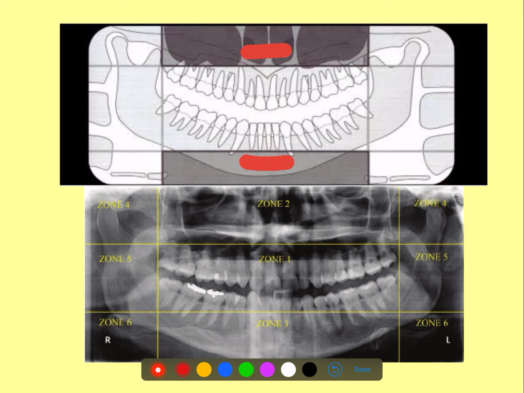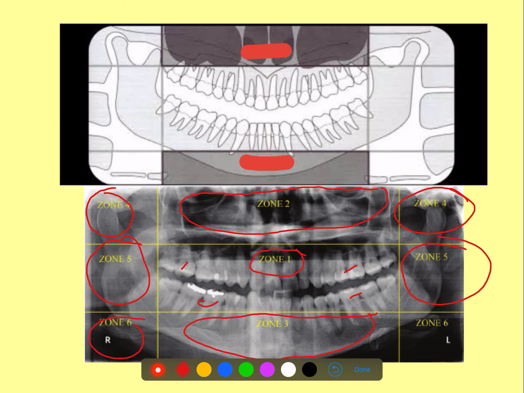Zone 3 is the inferior border of the mandible. Zone 4 is for the condyles bilaterally. Zone 5 is for the ramus region, whereas zone 6 is for the hyoid bone. So you have to remember these zones of OPG for interpretation.